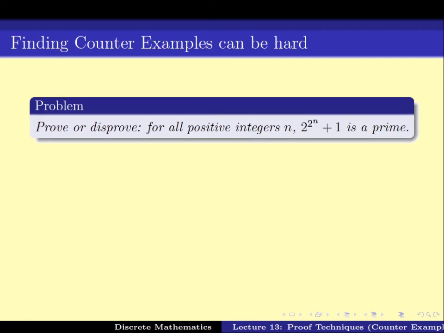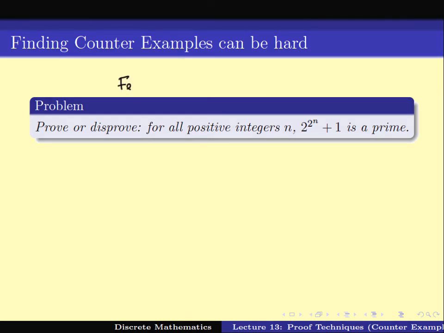One such example is: prove or disprove, for all positive integers n, 2 to the power 2^n plus 1 is a prime. These are what are known as the Fermat primes, after the very famous French mathematician Fermat. He was there over a century ago, and he had posed this problem.